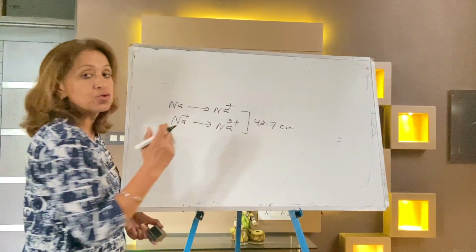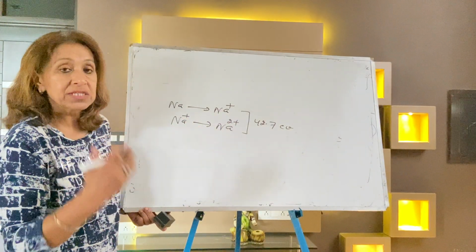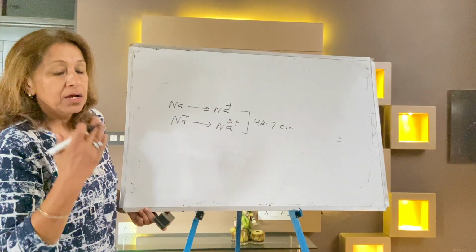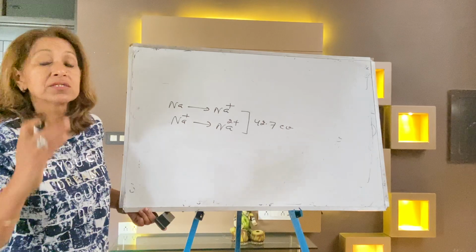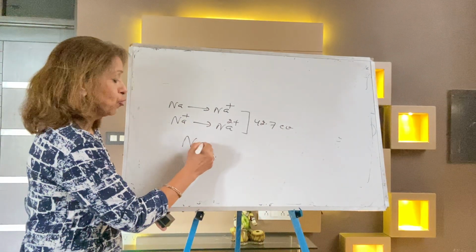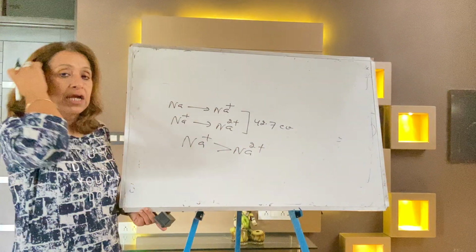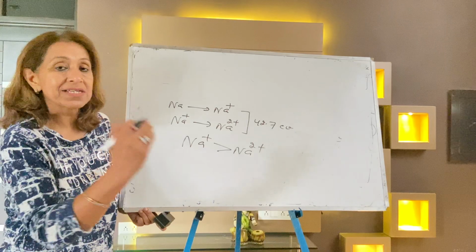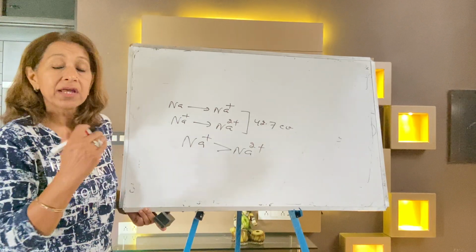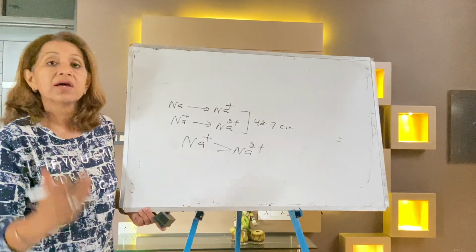When the successive IE difference is greater than 11 electron volt, always lower states are stable. That means Na+ is more stable than Na2+. If the difference between successive IE is greater than 11 electron volt, then lower oxidation states are stable.